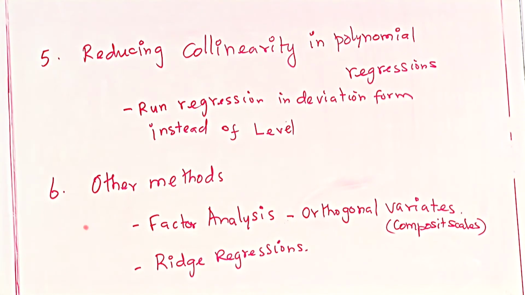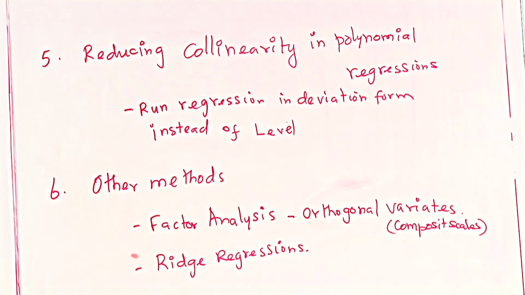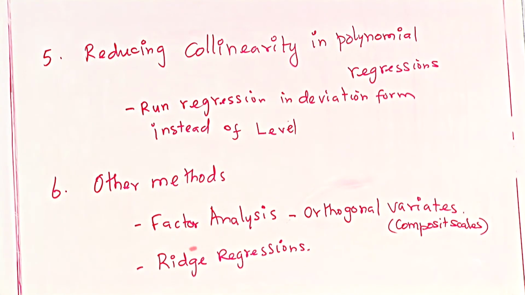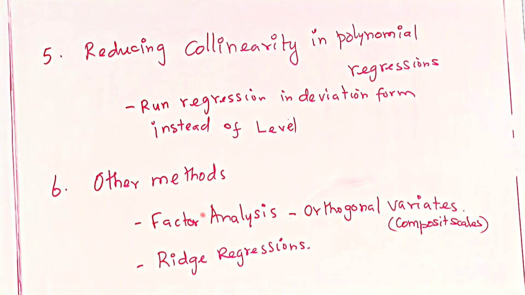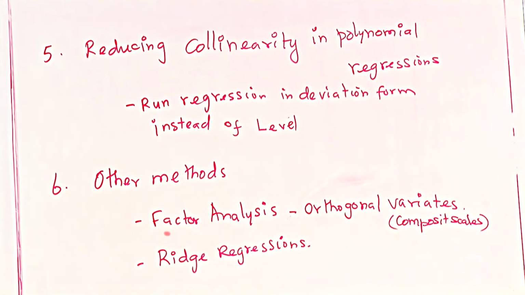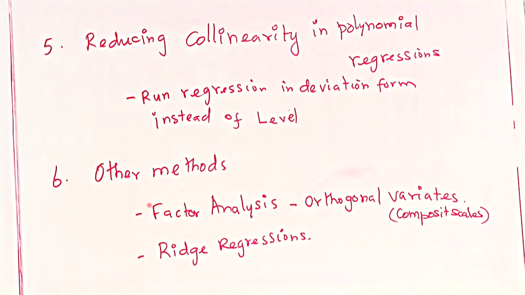There are other methods available that are also now possible. One is factor analysis. The factor analysis method can also be used. In this, we are reducing the number of variables that are regressed. The variables are grouped and orthogonal variates are found.